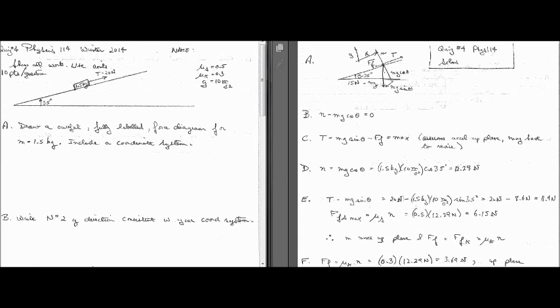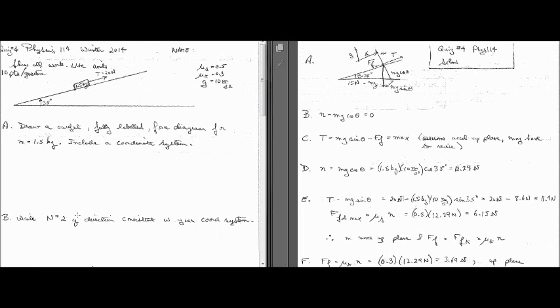Therefore I can break the mg into mg cosine theta, the component perpendicular to the plane, and mg sine theta, the component parallel to the plane. Doing this with mg, if you count these as two forces, there are 1, 2, 3, 4, 5 separate forces. All of those will either be aligned with y or aligned with x.